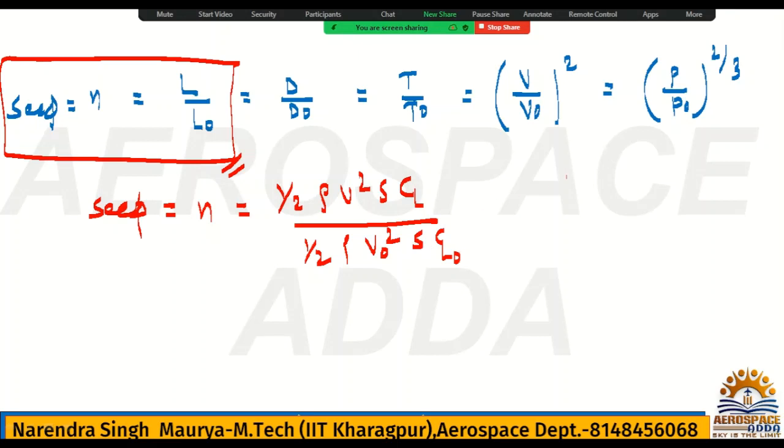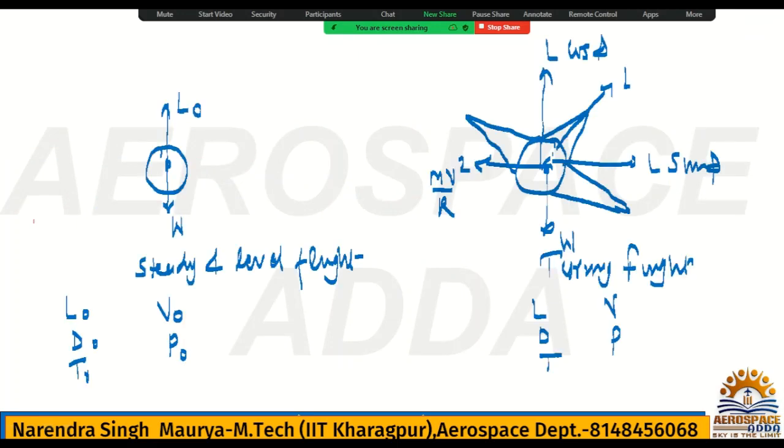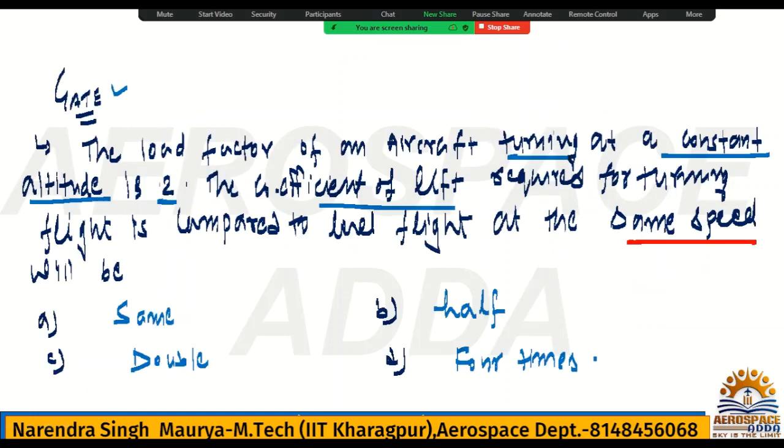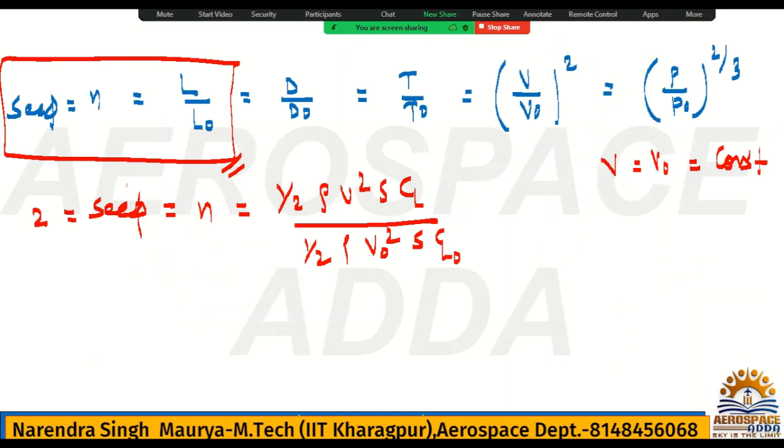Clearly they have mentioned velocity is constant. Then don't say V is equal to V naught, so N becomes 1. No, N they have given to you. The load factor is given as 2. Load factor they have given to us, which is nothing but 2. Okay, fine. But speed is constant, so this is the thing.